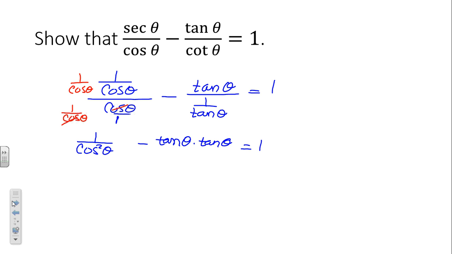Tangent of theta squared, right? And we just like to write it as tangent squared theta. What is 1 over cosine squared of theta? Secant squared. So the secant squared of theta minus the tangent squared of theta, isn't that one of our identities? Yeah. This is equal to 1, so 1 equals 1. We're done. Magic.